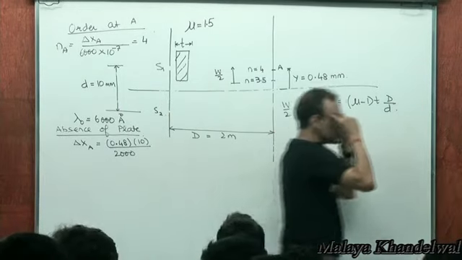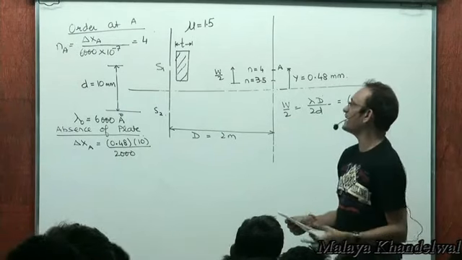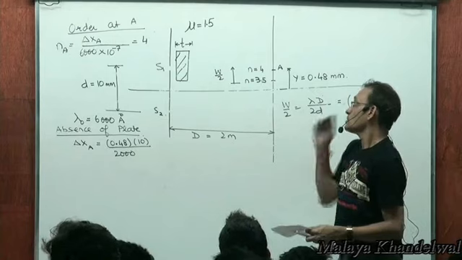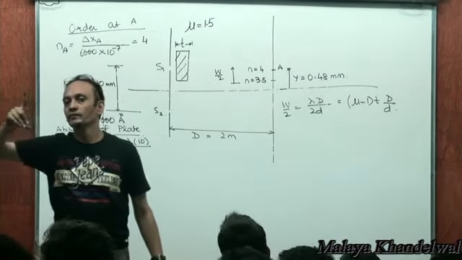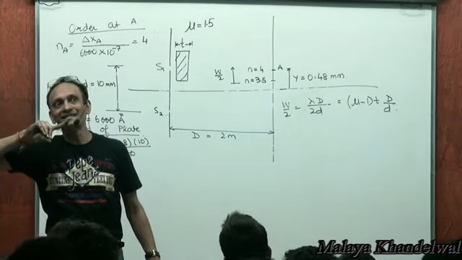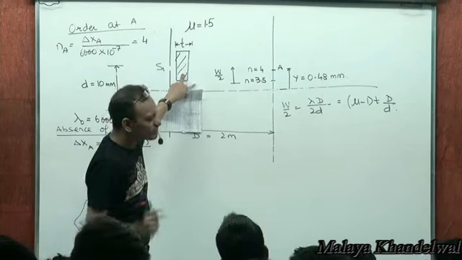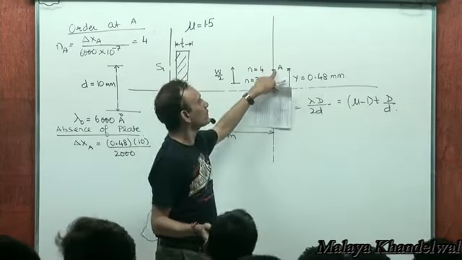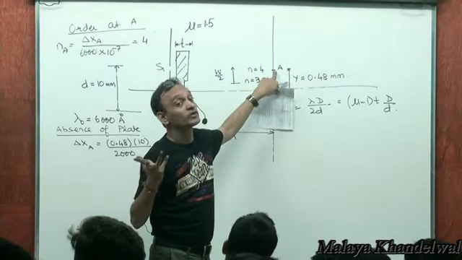Now the first part of the problem is: find the power at A as a function of t. Now at A, realize that before the plate was introduced, the phase difference was an even multiple of pi. Why?